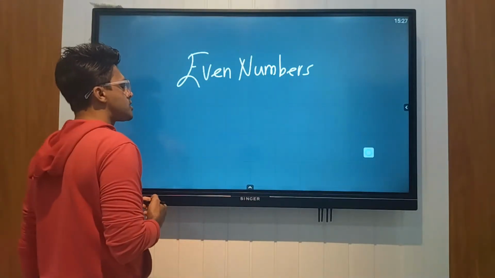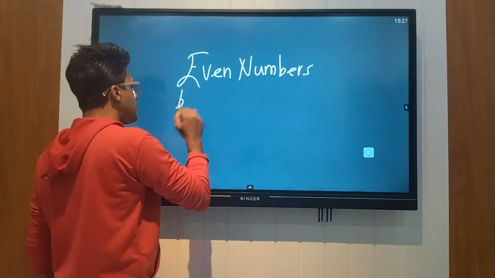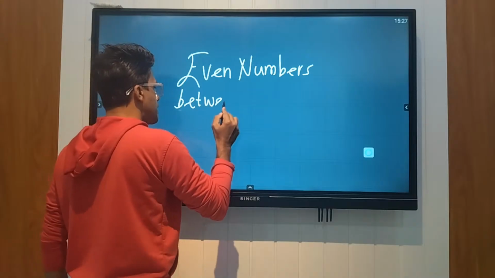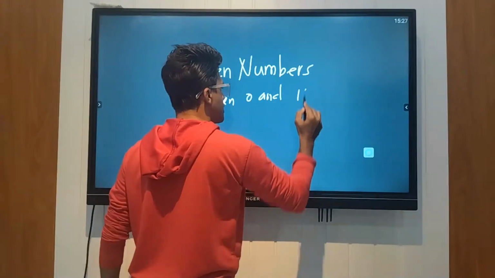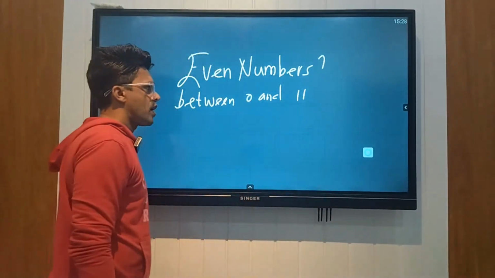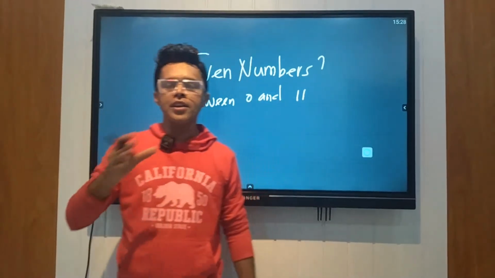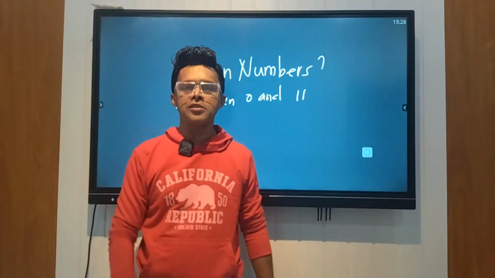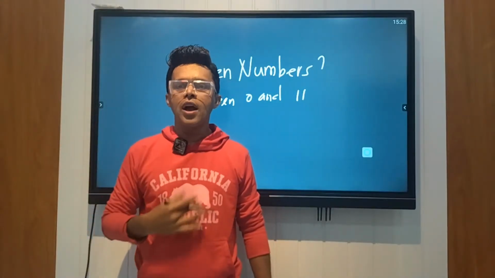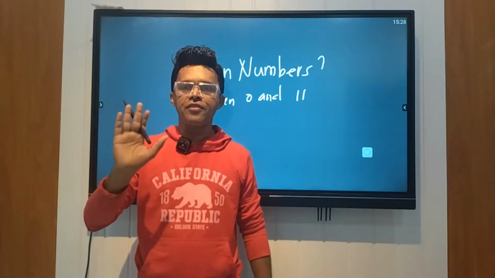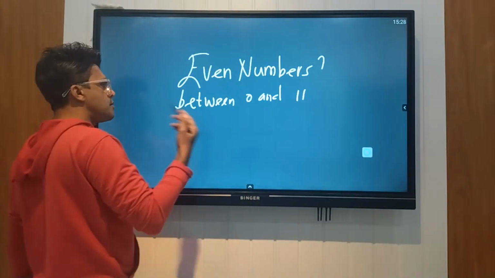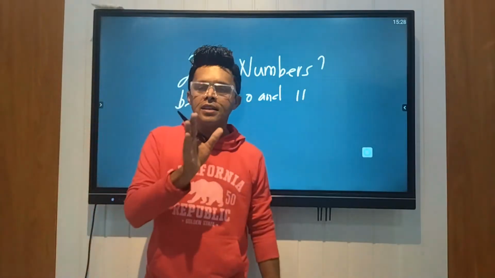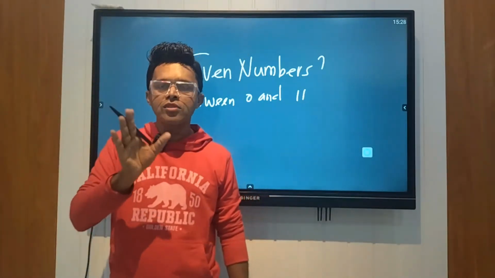So I will give you this one: even numbers between 0 and 11. Are you able to identify this set of numbers clearly? Yes, you are. So tell me the numbers that you could find according to the statement.